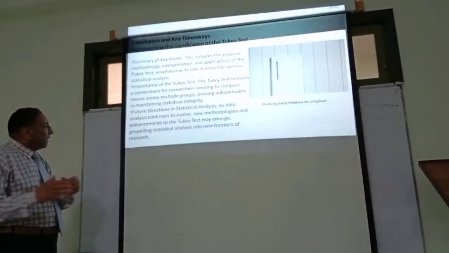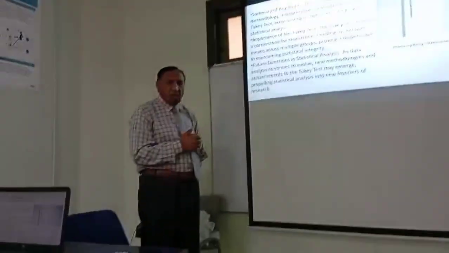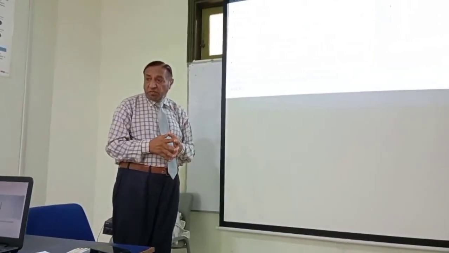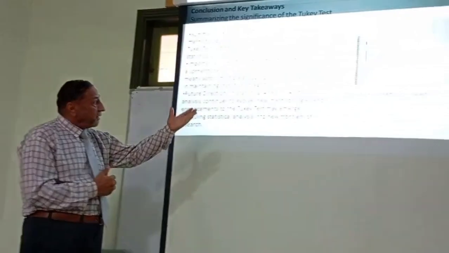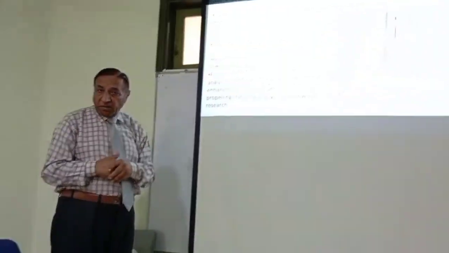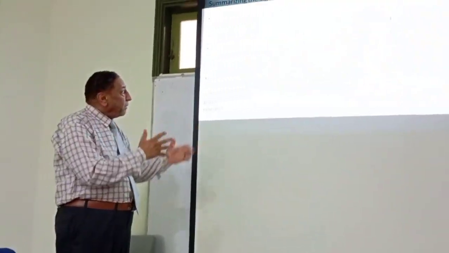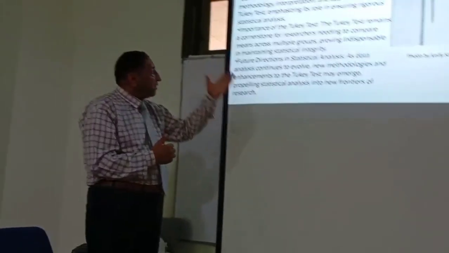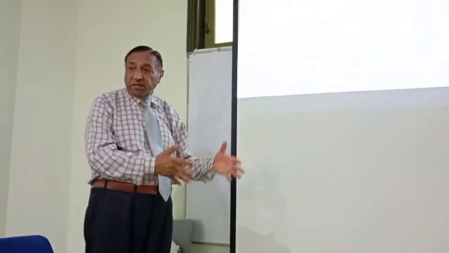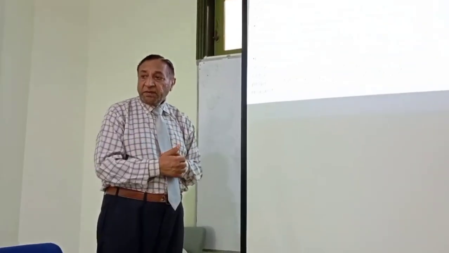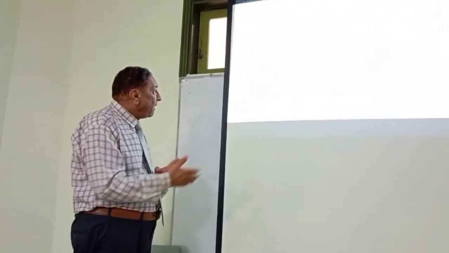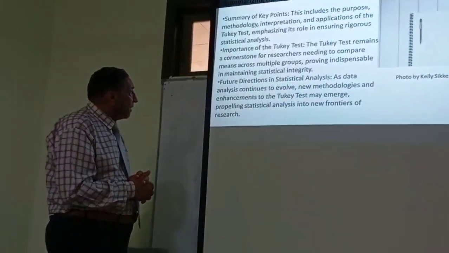Okay. Thank you. So I think with this you have learned two or three things. Why it is called Tukey's test: it is named after the inventor, and it is a part of the ANOVA workflow, and it can compare various groups. Its uses are not only in medicine but education, agriculture, research, and even clinical trials.